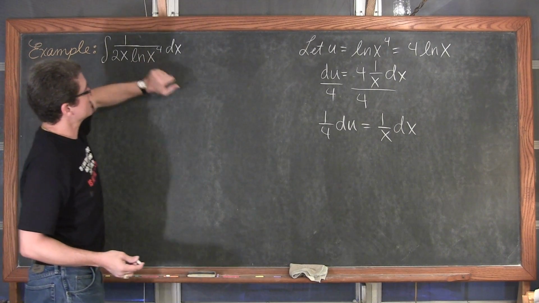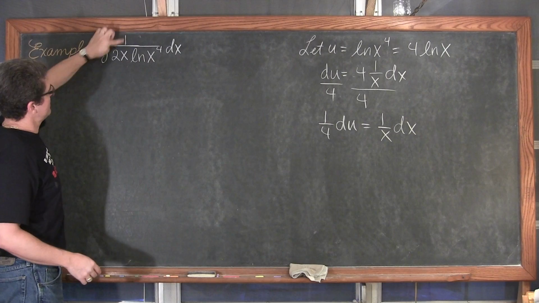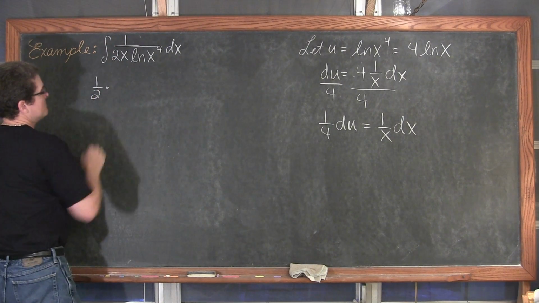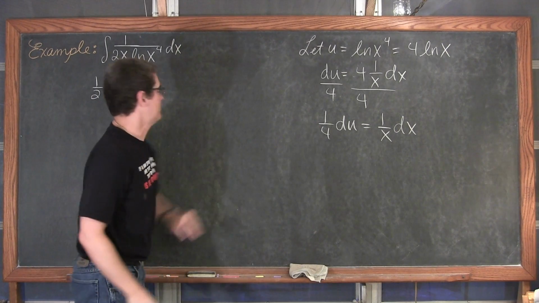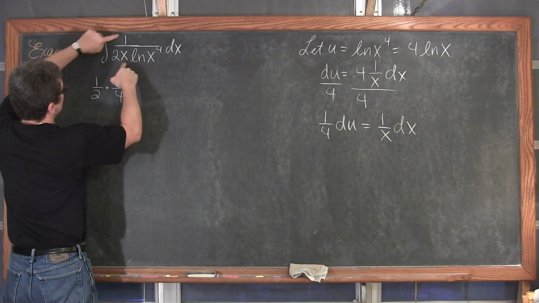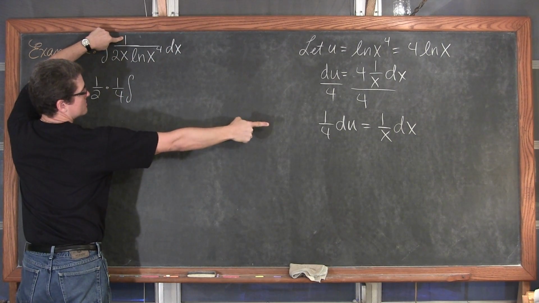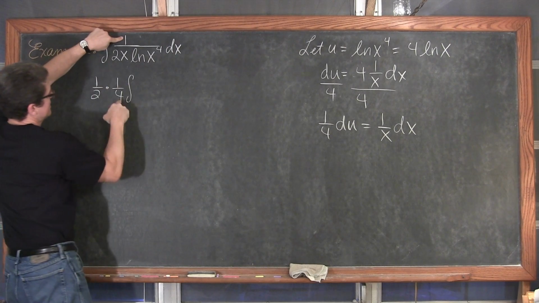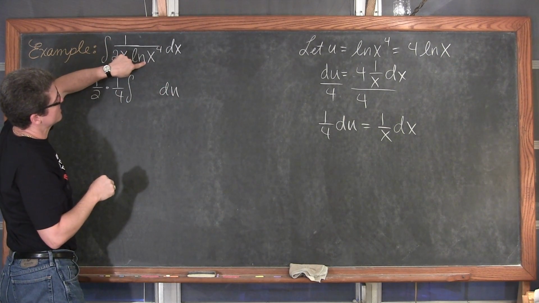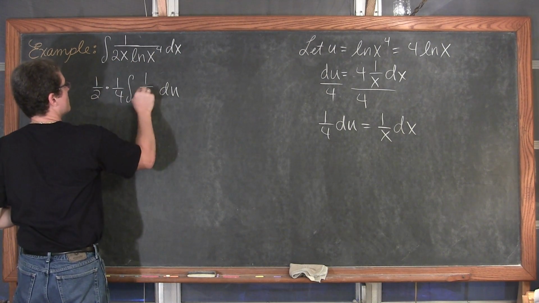The natural log of x to the 4th we have set equal to u, and then we have this 1/2 here that I'm going to pull up front. So we're going to have 1/2 times that 1/4 that we have here, times the indefinite integral of 1 over u, or 1 over x dx is du, and the 1/4 again is right there. And then we have 1 over the natural log of x to the 4th, which we set equal to u, so that is equal to 1 over u.